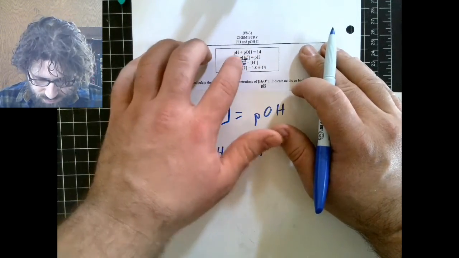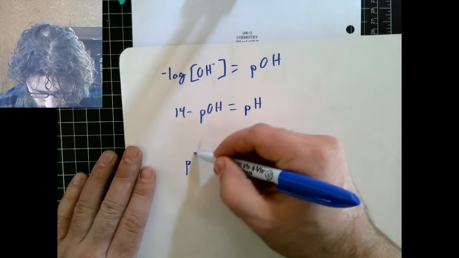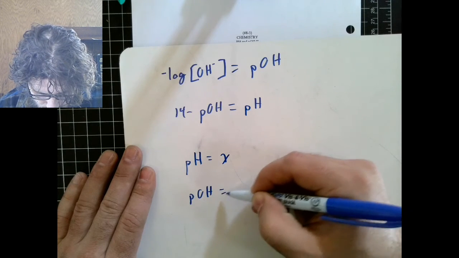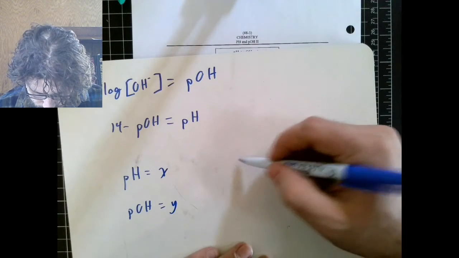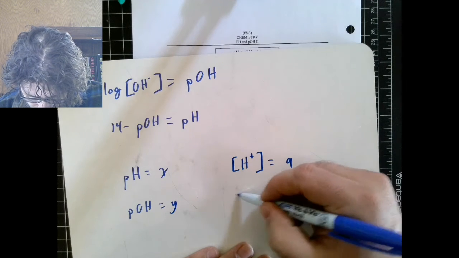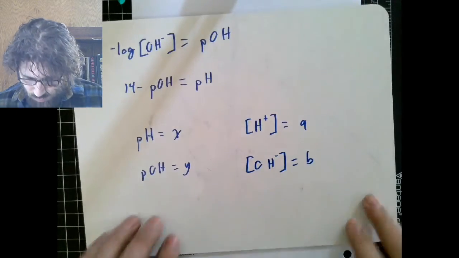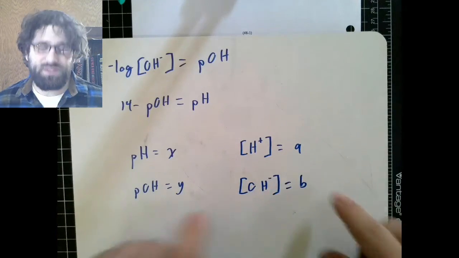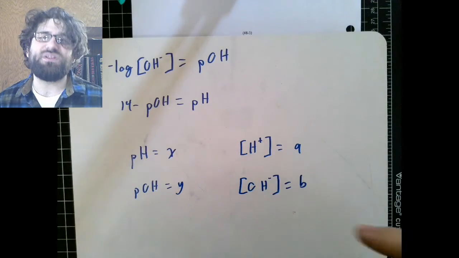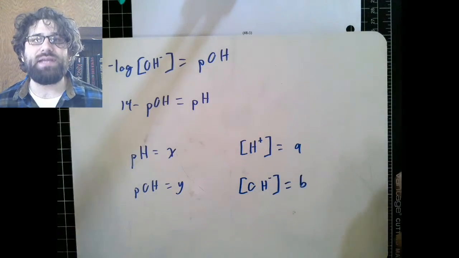It feels confusing because the variables look confusing. But if it helps you to think of it this way, let's just call pH X, pOH Y. Call your hydronium concentration A, hydroxide concentration B. So any one of these equations, you could simplify it by plugging in different letters, different symbols, and that'll actually make it look just like a regular math problem.